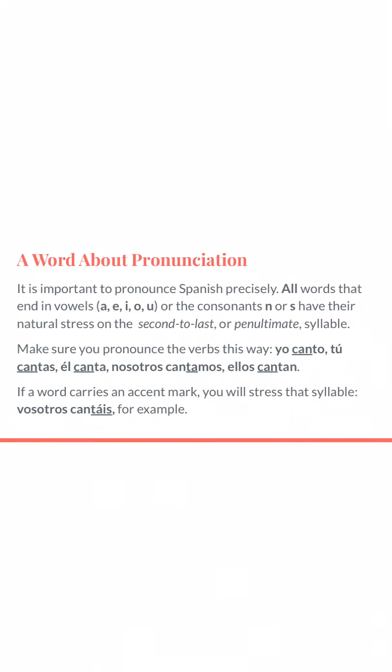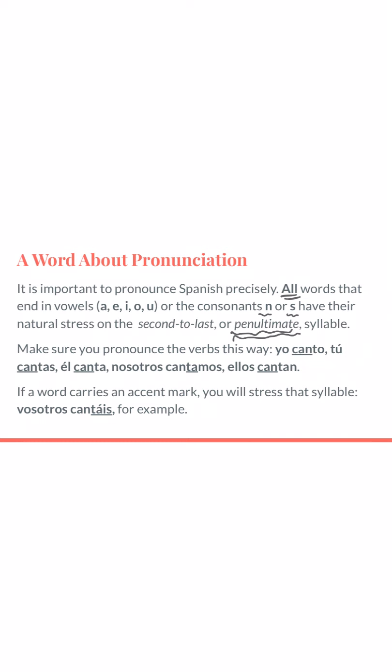Just a quick note about pronunciation. It is important, we know, to pronounce Spanish precisely. We know that all words that end in vowels a, e, i, o, or u, or the consonants n or s, have their natural stress on the second to last, or penultimate, syllable. Here's your English vocab word for the day, penultimate, literally meaning second to last. So make sure you pronounce the verbs this way.